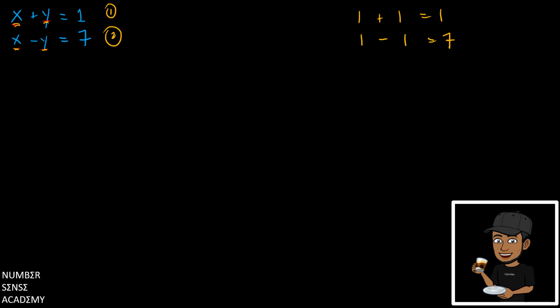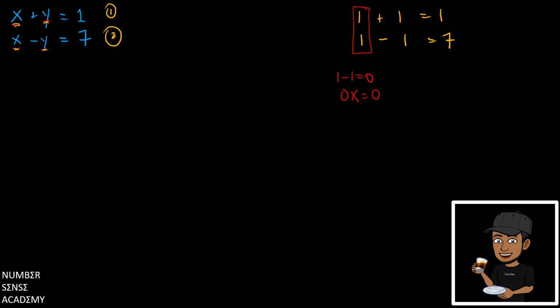If I want to get rid of these two values, since they're both positive, I'm going to subtract. So 1 minus 1 is going to give me 0. And anything that's 0 times anything is going to be 0, and I never have to include it in the equation.